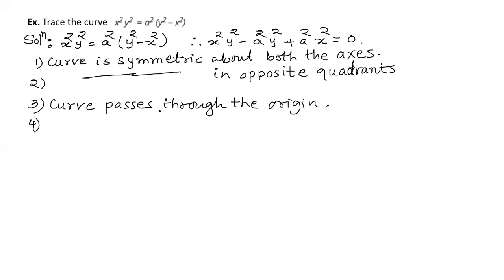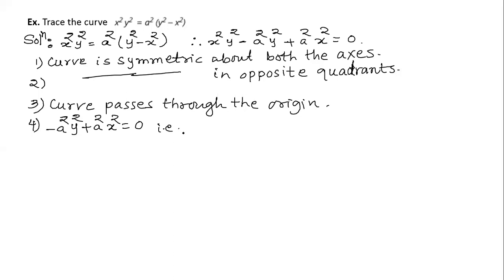If the curve passes through the origin, then the tangents at the origin are given by equating to 0 the smallest degree terms in the equation. The first term has degree 4, the second 2 and the third 2. So the smallest degree terms are the second and third. Equate them to 0: minus a square y square plus a square x square is equal to 0.